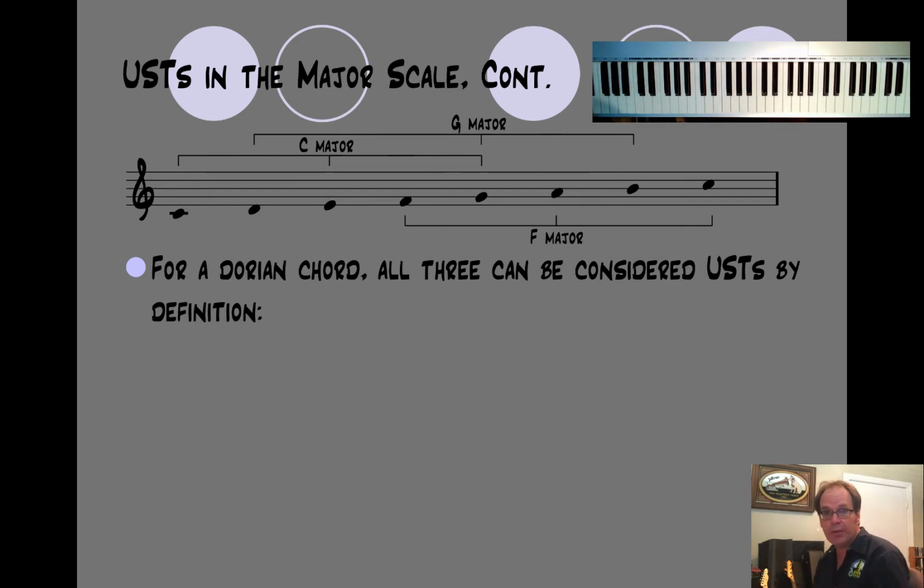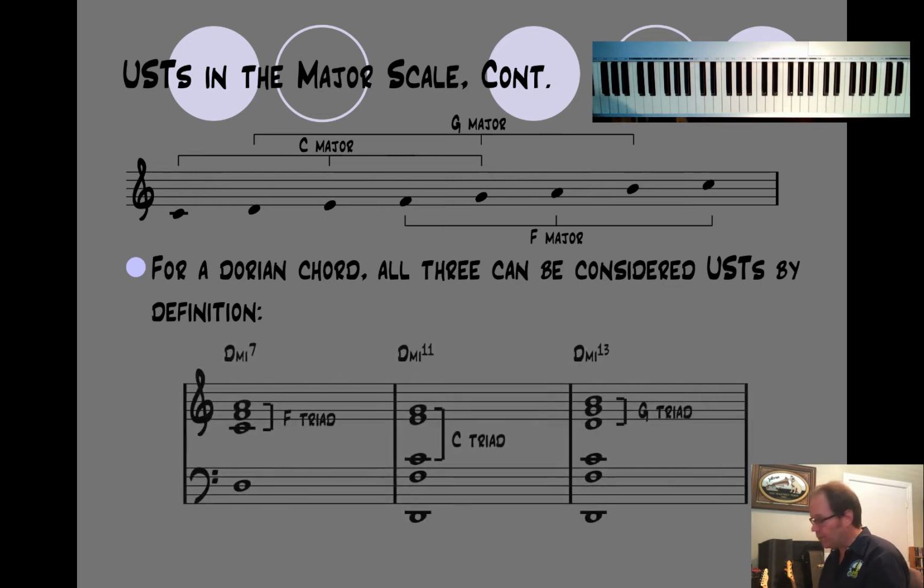Actually, all 3 of these triads can be considered upper structures. So for instance, the F triad here, that's actually the 3rd, 5th, and 7th of the chord. But we can define it's actually a major triad, isn't it? The C triad could actually be an upper structure in that chord. Here I'm doing another second inversion.